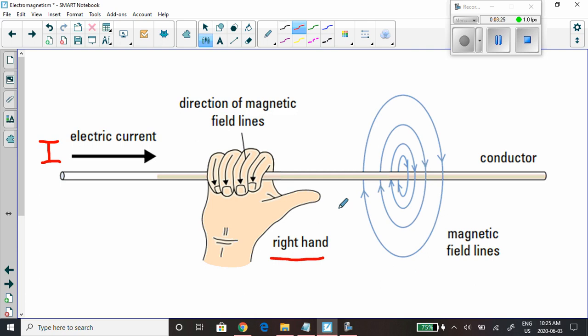Okay. So look at your fingertips. Your fingertips are showing you the direction of the circular magnetic field that exists around the wire.